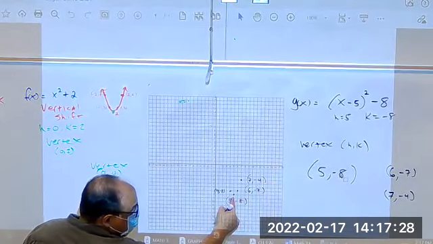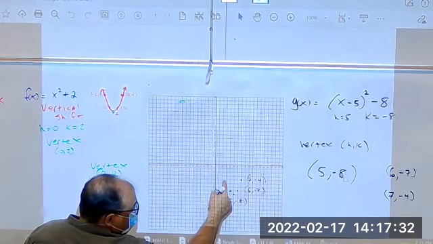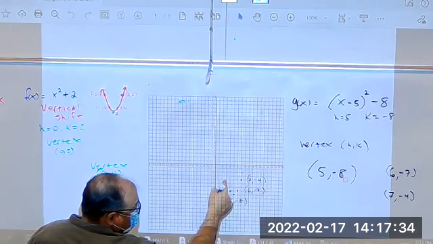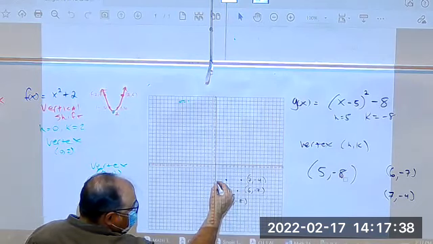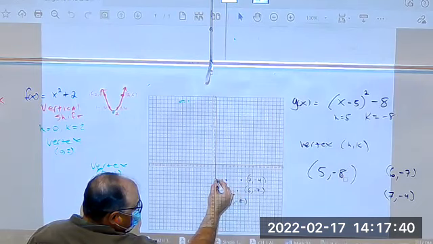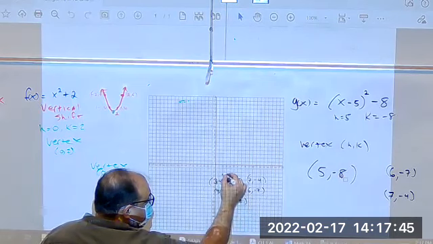That's 2 to the right of the vertex. So if I go 2 to the left, the y value is also negative 4. 2 to the left is going to put me at 3, negative 4. There is my parabola.